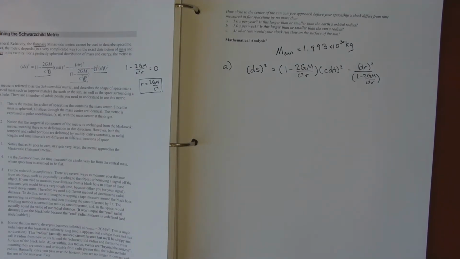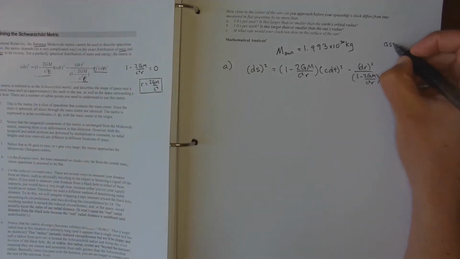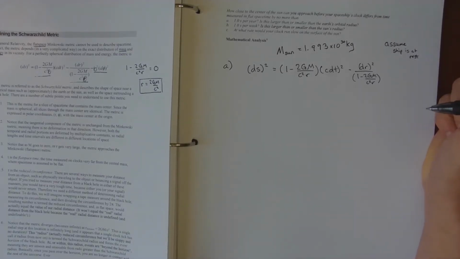Okay, now, is the spaceship actually moving? We are going to assume the ship is at rest. So it's just hanging out at some distance from the sun, and we want to compare clocks on the spaceship to clocks that are very far away back in flat space-time.